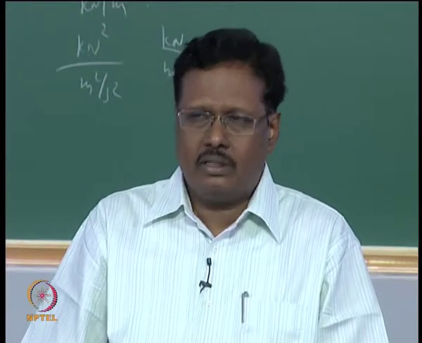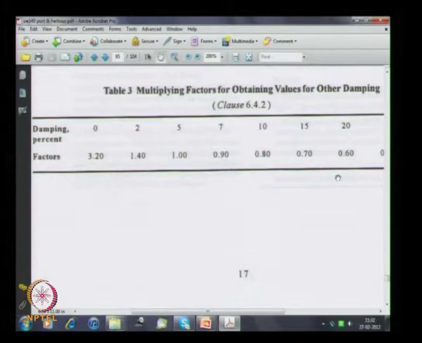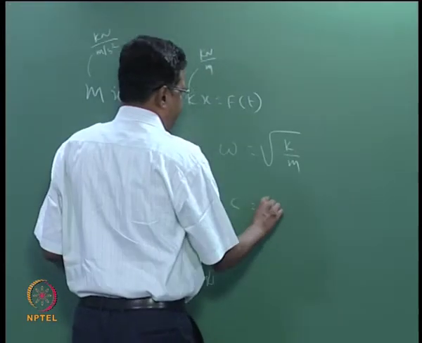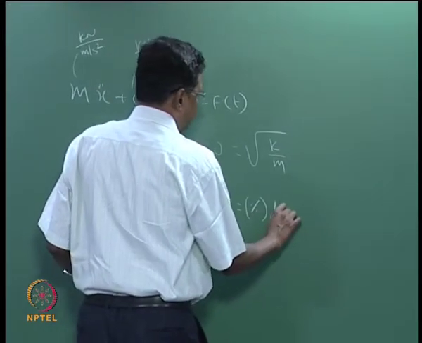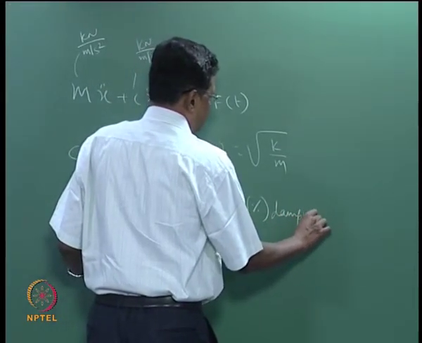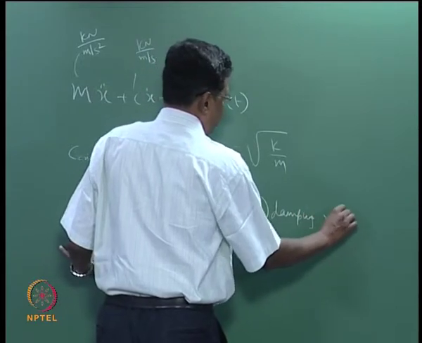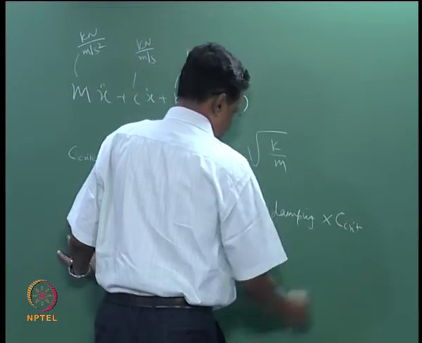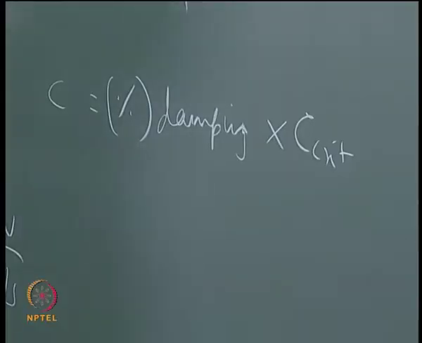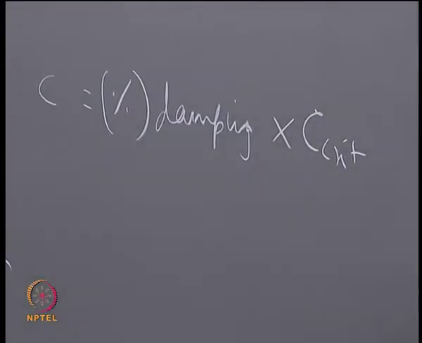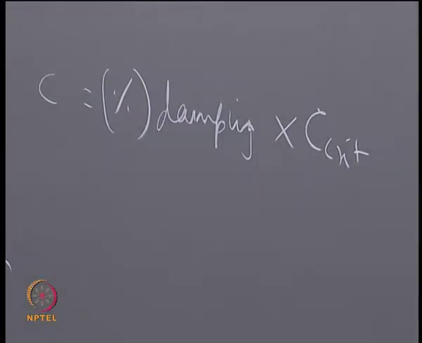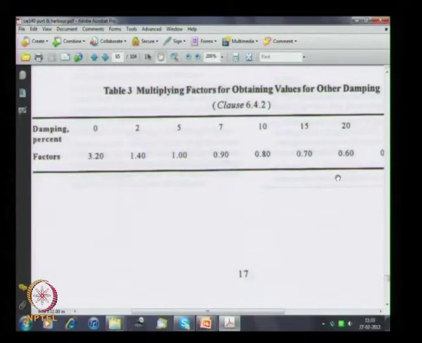Any doubts? What we have written here is C is equal to some percentage damping multiplied by C critical. So 5% damping is normally used. What about offshore structures?